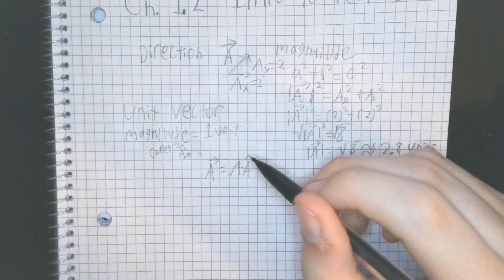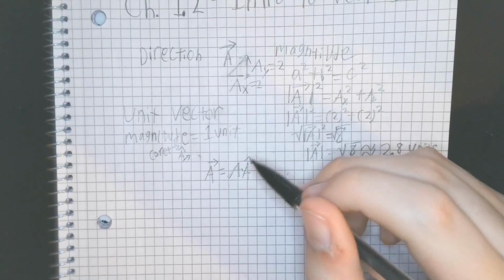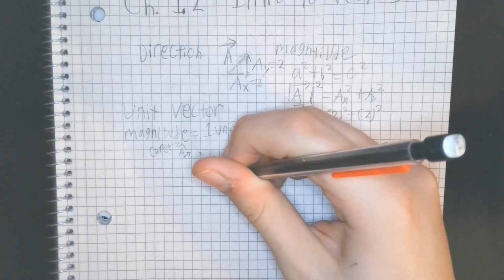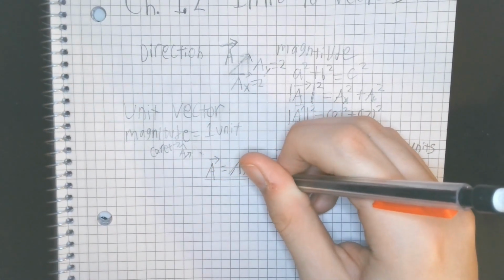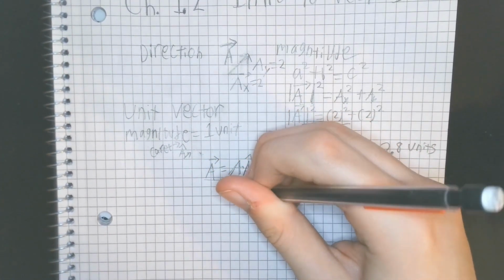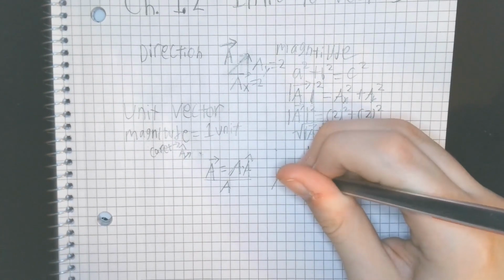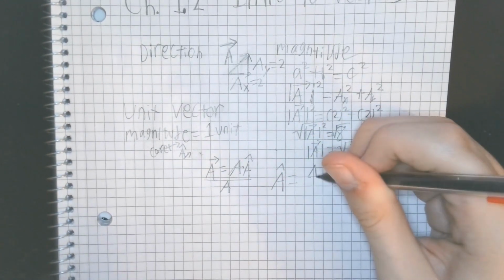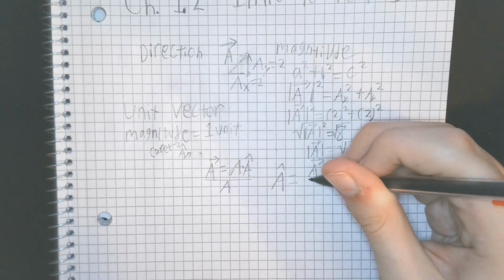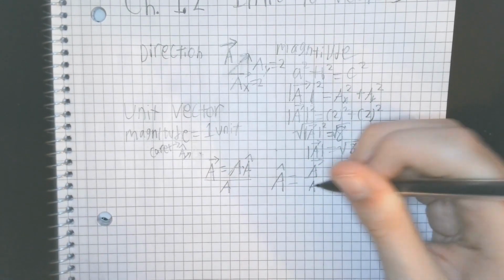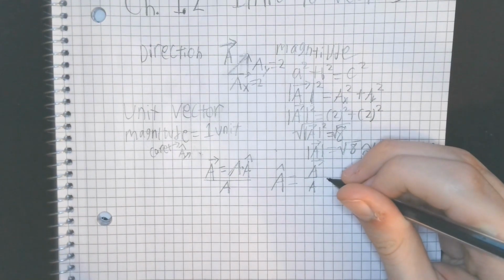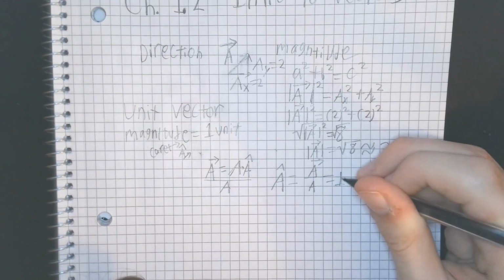Now if we rearrange this equation, we can divide both sides by the magnitude of A, and we get that our unit vector, A hat, is always equal to the vector A over the magnitude of the vector A. If you divide anything by itself in magnitude, you get 1.